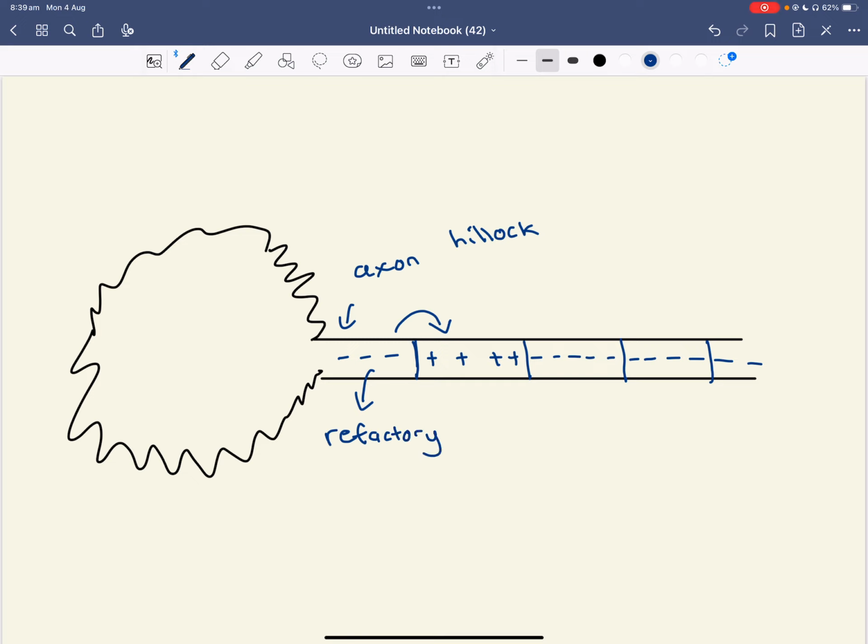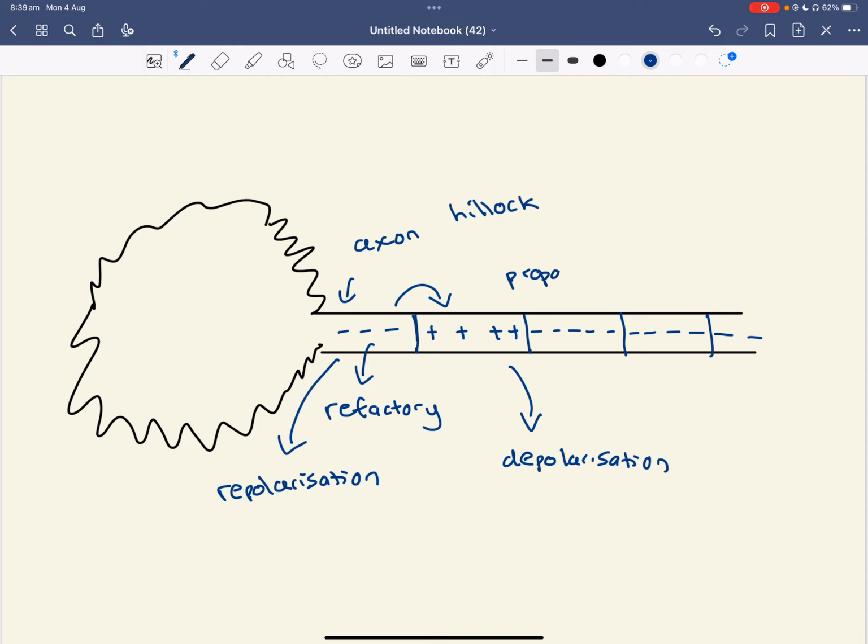So along the axon, one area will be in the repolarization phase, and one will be in the depolarization phase, and it continues from there. So that's how we propagate the action potential. This is called propagation. One will be depolarizing, the other repolarizing, and it'll move along.